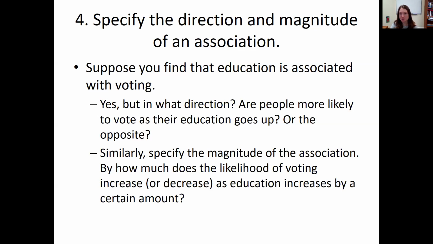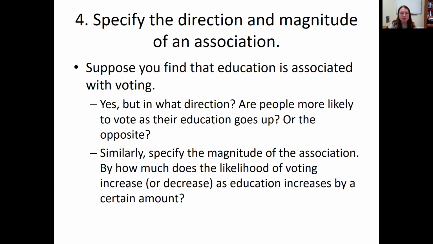You might just find that two variables are correlated, and you say that they're associated with each other. Yes, but in what direction? You want to tell us, are people more likely to vote as their education goes up or less likely? So are these variables positively or negatively correlated?